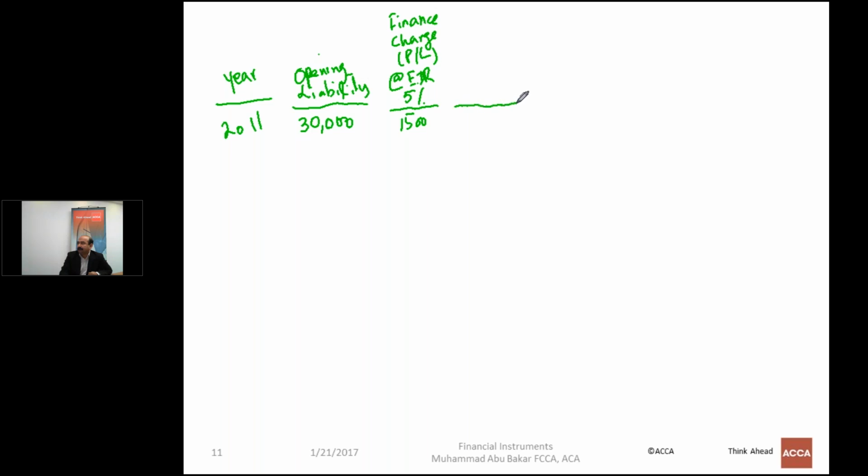Now, cash paid. Of course, cash paid is equal to the interest paid. Yesterday we learned, in order to calculate the interest paid, we will multiply the coupon rate of interest, in this case also 5%, with the face value of the loan, which is 30,000. So this will give us again 1,500.